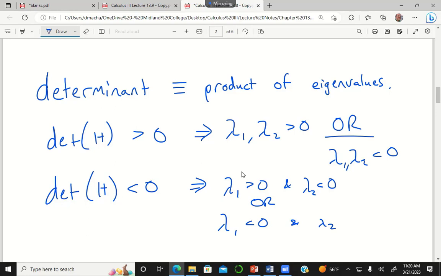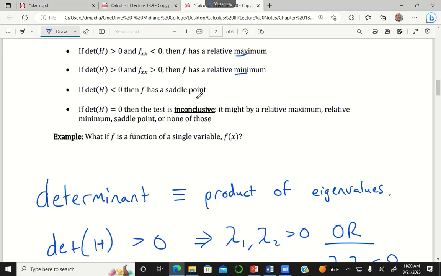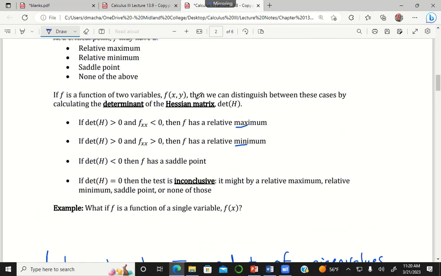In other words, they just have to have opposite sign. And so in the case where your eigenvalues have opposite sign, your determinant will be negative, and you would have a saddle point using our eigenvalue test. And so this is basically the eigenvalue test, but it is being sneaky and using the fact that the determinant is the product of the eigenvalues.